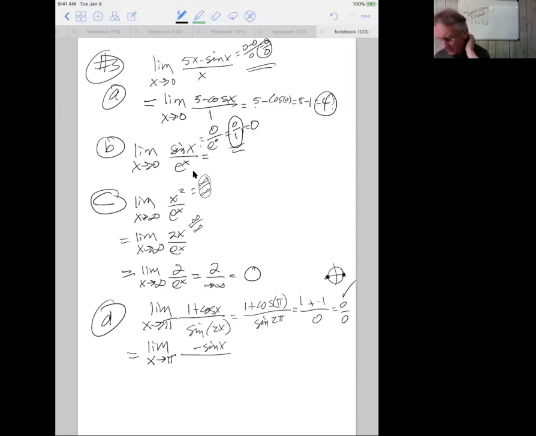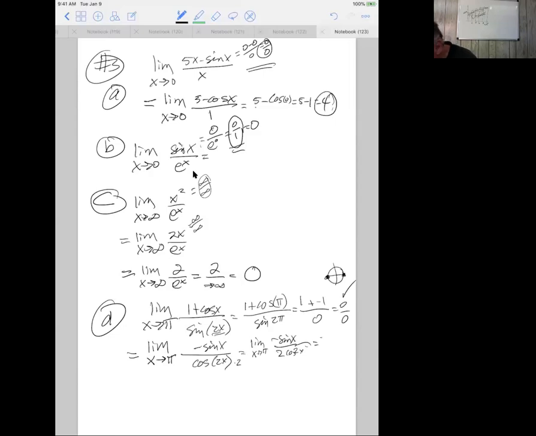Over, and down here, you're taking the derivative. That means you've got to use the chain rule. Derivative of sine is cos, 2x goes there, times the derivative of 2x. This then becomes the limit as x goes to pi of negative sine x over 2 cos 2x. All right, and now plug in pi.